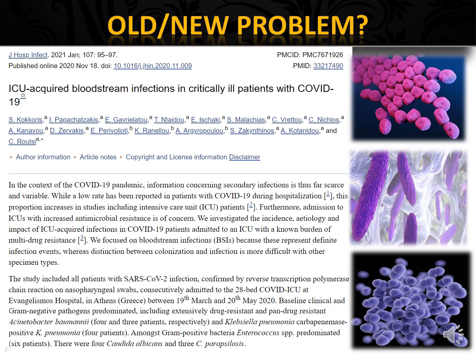They are the main pathogens for all countries when we describe the situation with bloodstream infection in ICU units, with or without coronavirus disease, but these pathogens are leading.